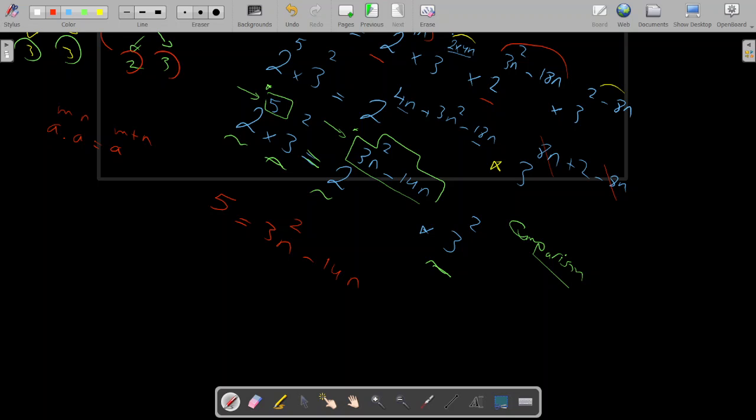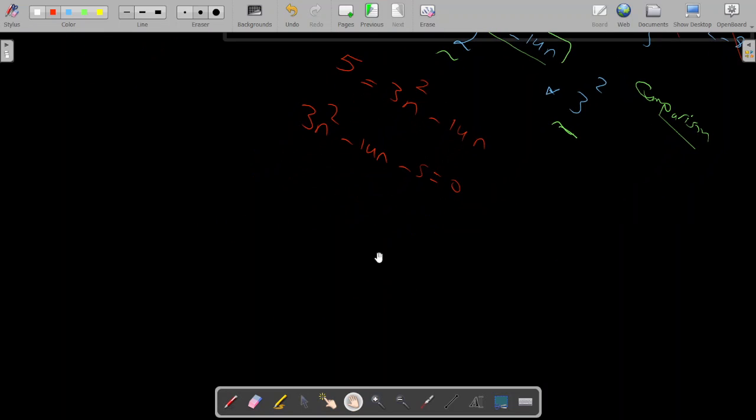Okay, so it seems that now we are about to create some sort of a quadratic equation. 3n squared minus 14n minus 5 equals 0. So now it's all about factorizing. One of the things about factorizing, if you remember, about trying to change this into a product, you try to create something like this.